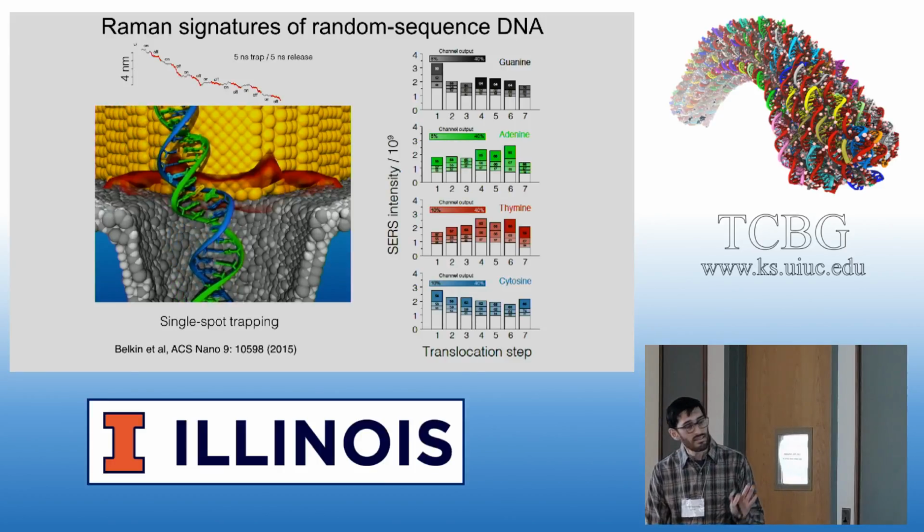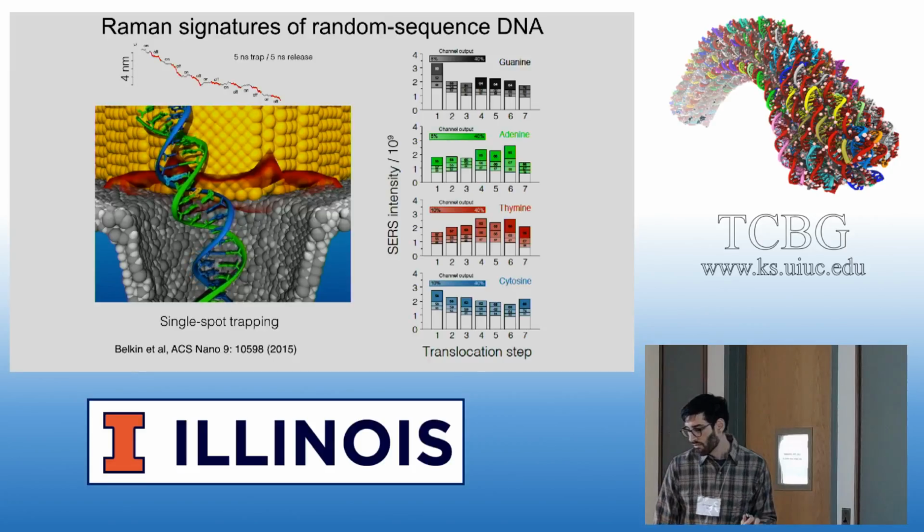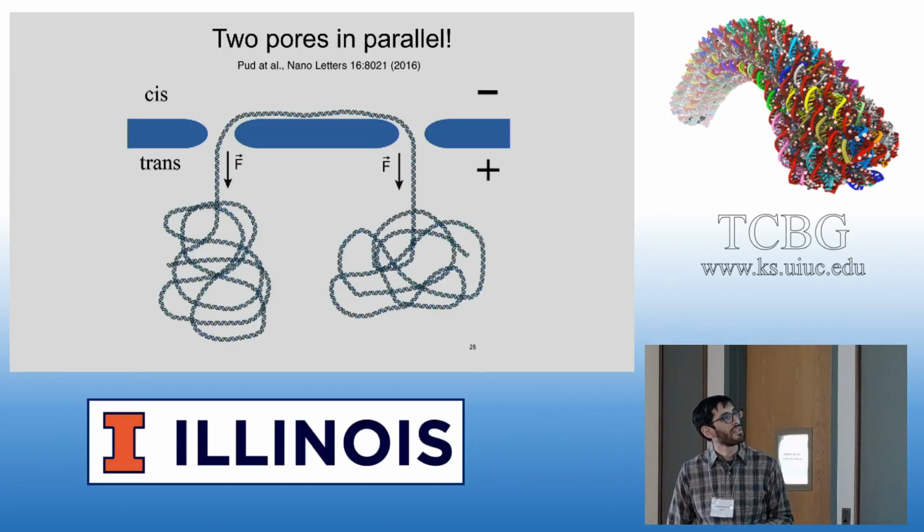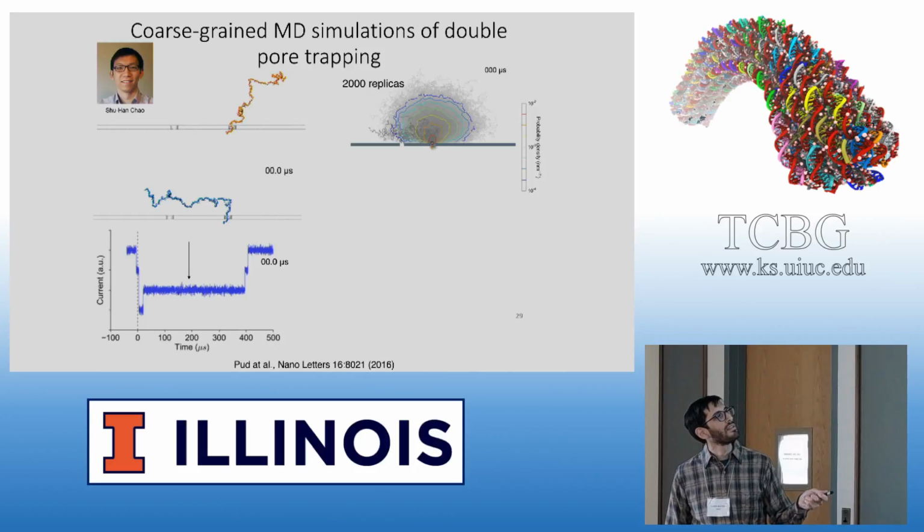So the last project that I want to tell you about also came out of a collaboration with Case Western. And this was also using our coarse-grained simulation package. Here we created a sort of idealized double pore system with a sort of impenetrable barrier.